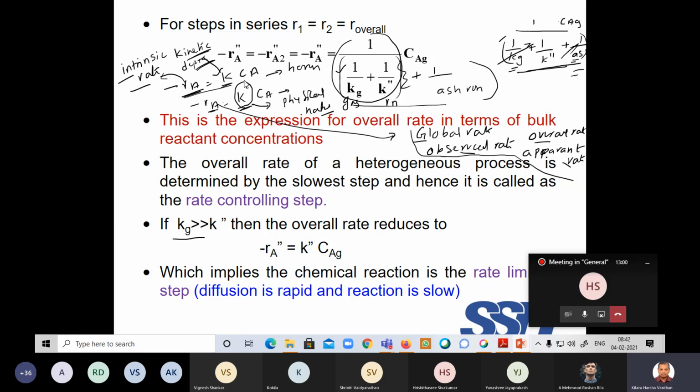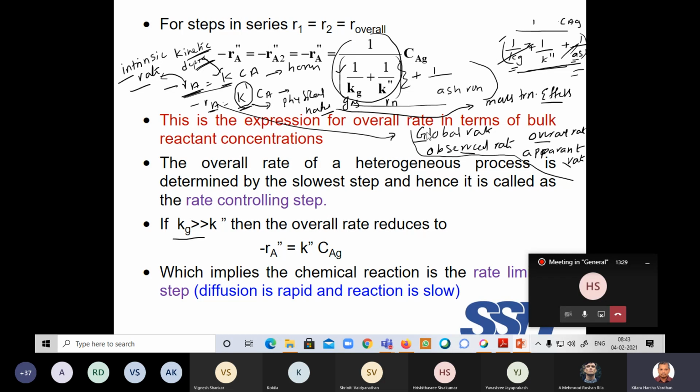When you involve the mass transfer resistance and the mass transfer effects are taken into consideration, that rate is called the global rate, observed rate, overall rate of a reaction or apparent rate.